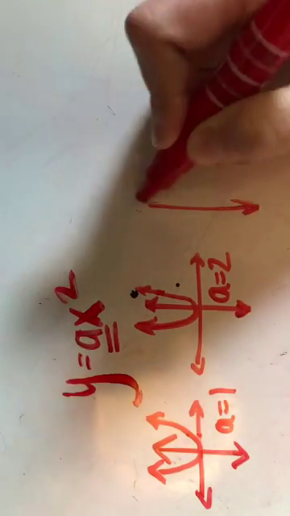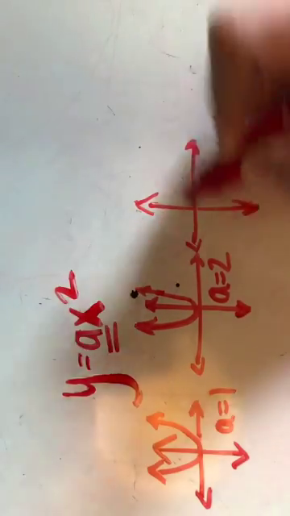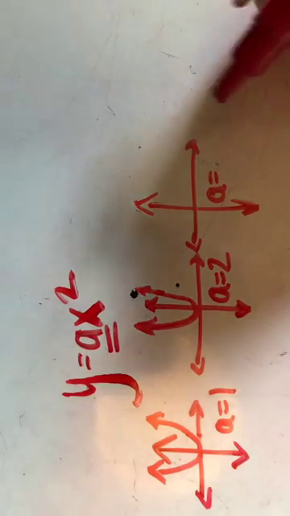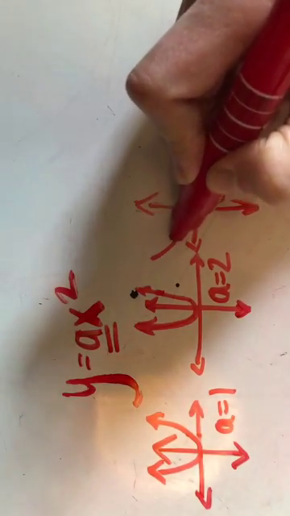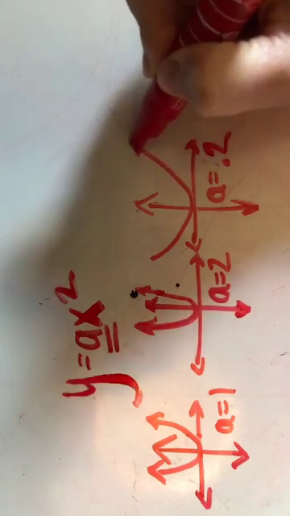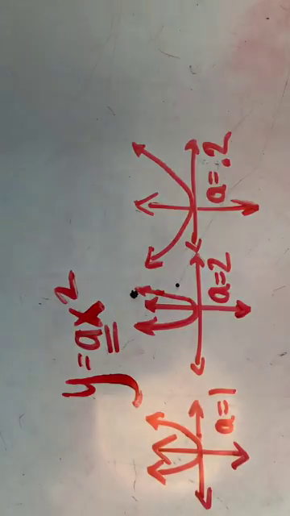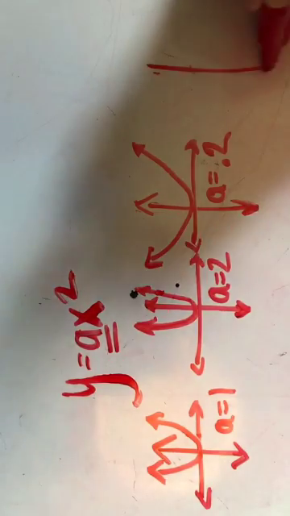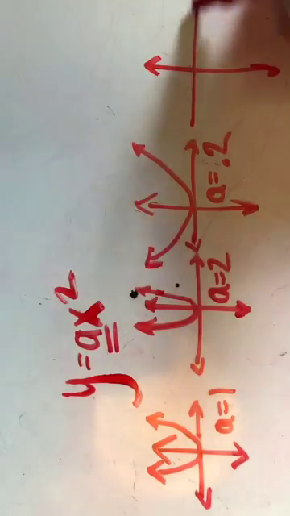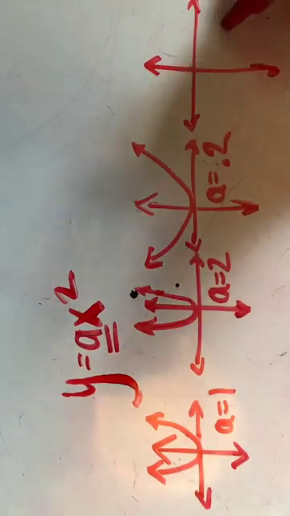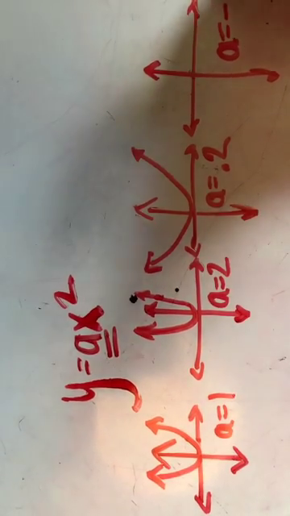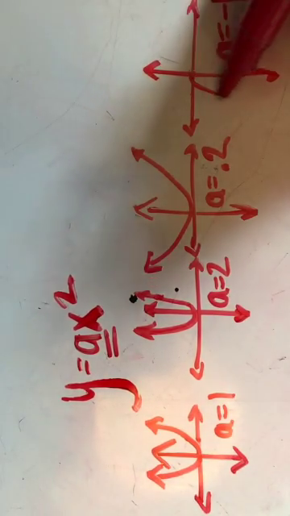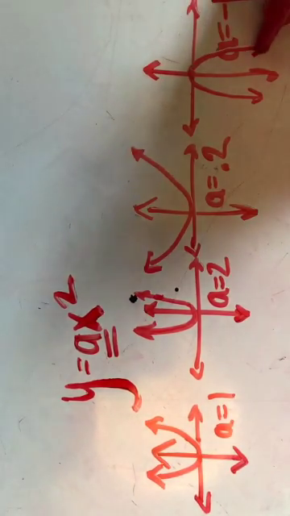Now, if a turns into maybe a decimal less than 1, like 0.2, that's going to make it much wider. It's going to take longer for it to get up, right? And then what happens if our a term is a negative value, like -1? Well, it's going to flip and go down to the bottom.